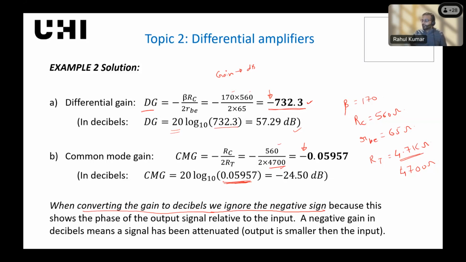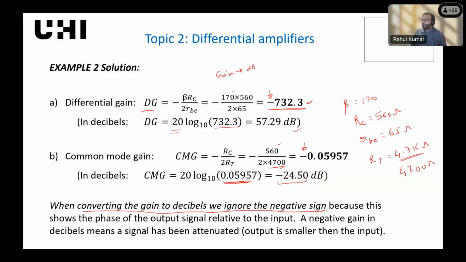So ultimately we are getting minus 24.5 dB. So the common mode gain is quite small, about 0.06, which is good, right?